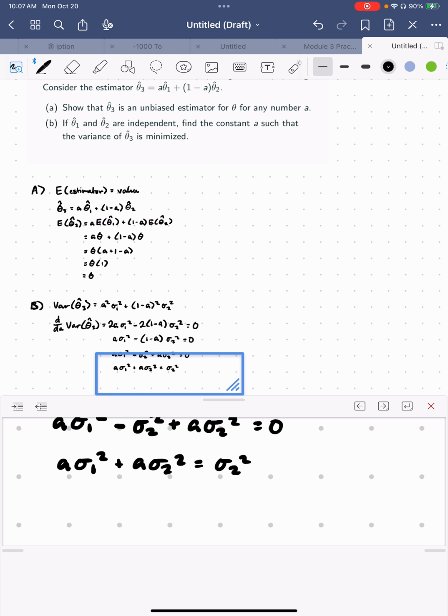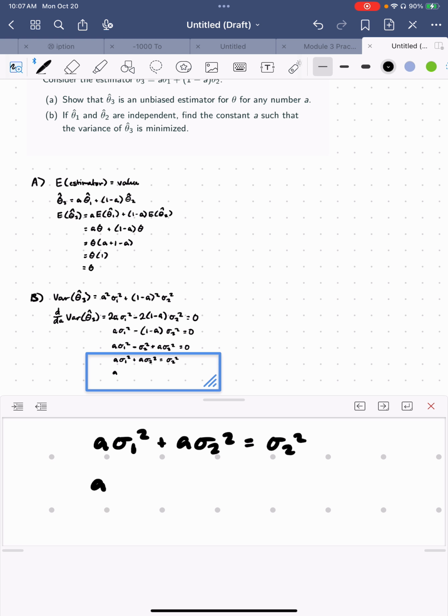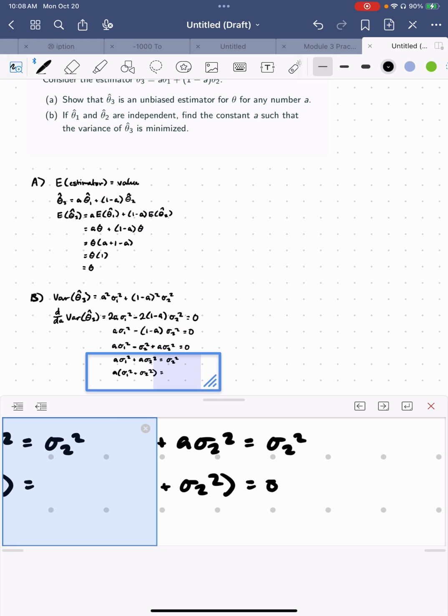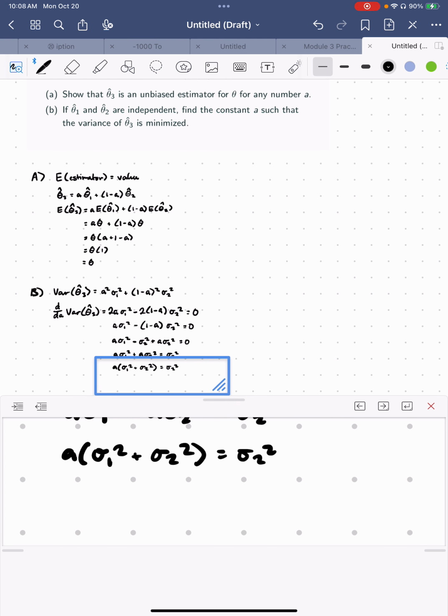And then we can separate our A, so we can write it like this. And then we can divide both sides by sigma 1 squared plus sigma 2 squared.